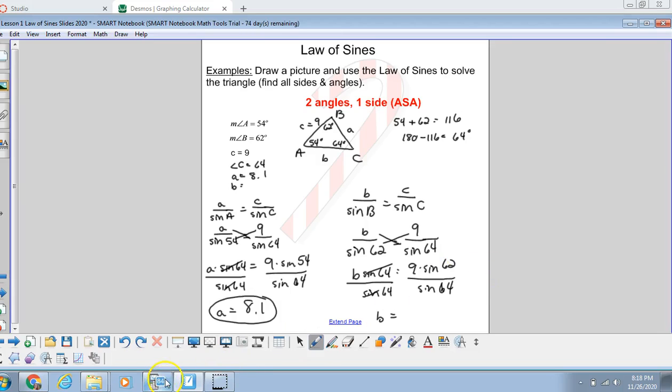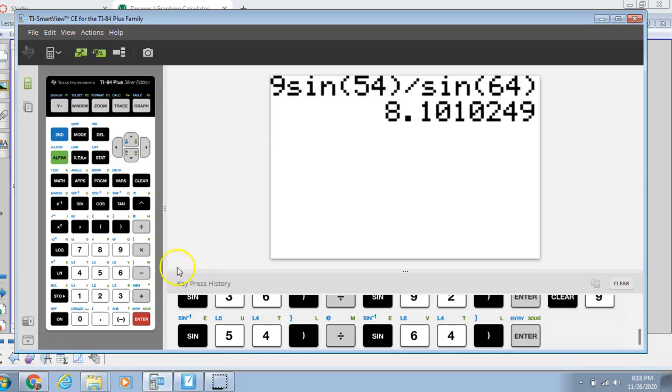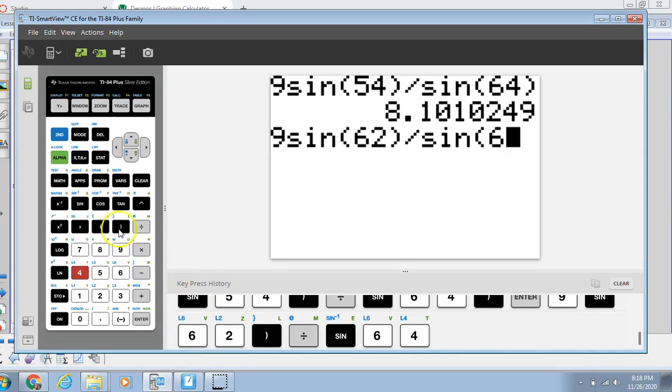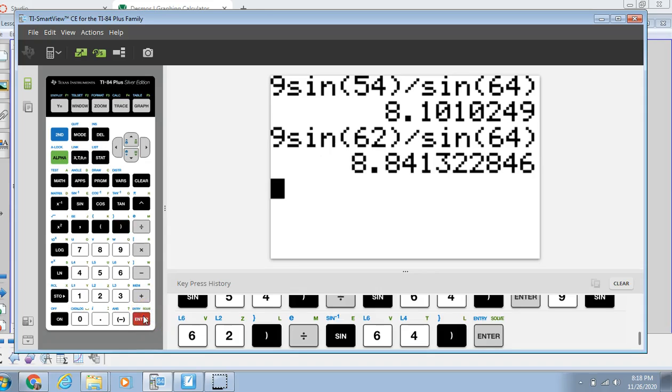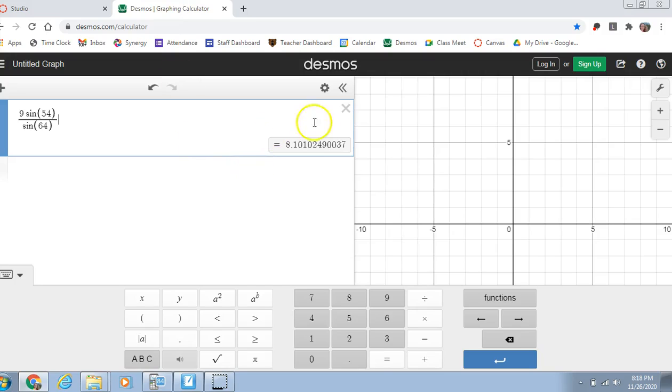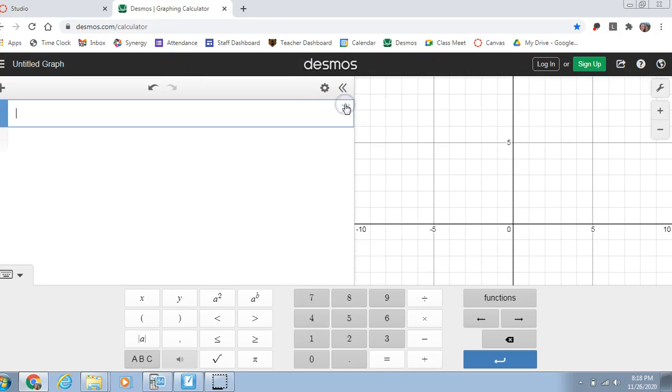I'm going to go to my calculator first for that. I'm going to do 9 times the sine of 62, close my parentheses, divided by the sine of 64. And I get about 8.8. And if I go over to Desmos and check that same calculation, let's see.